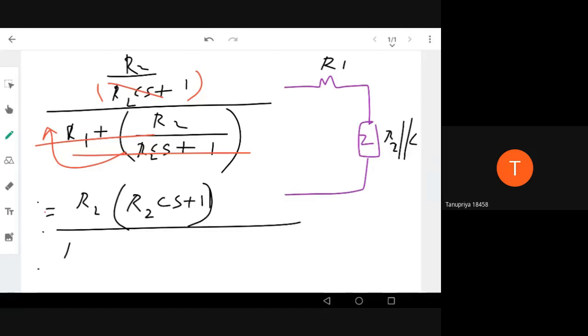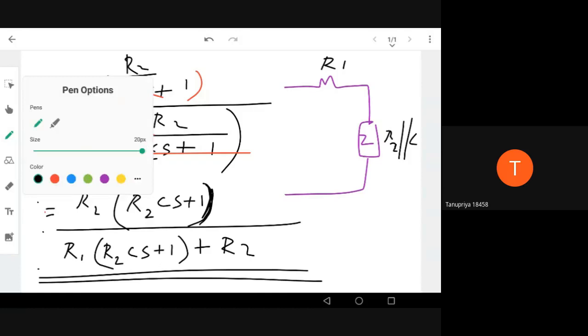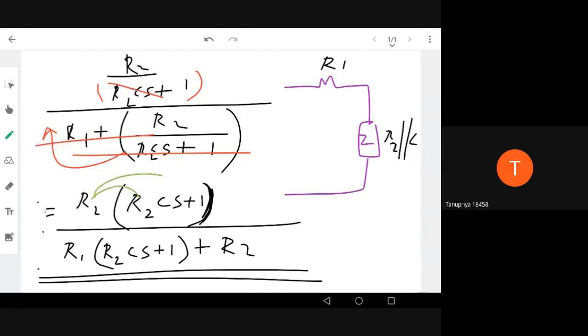In the denominator I will have R1 times R2 Cs plus 1, plus R2. This is the answer. But in GATE the solution usually will be in the s domain, second order. It will be fully simplified. You have to cross multiply, and you'll get the final solution. That's it. Okay, so this is the solution.